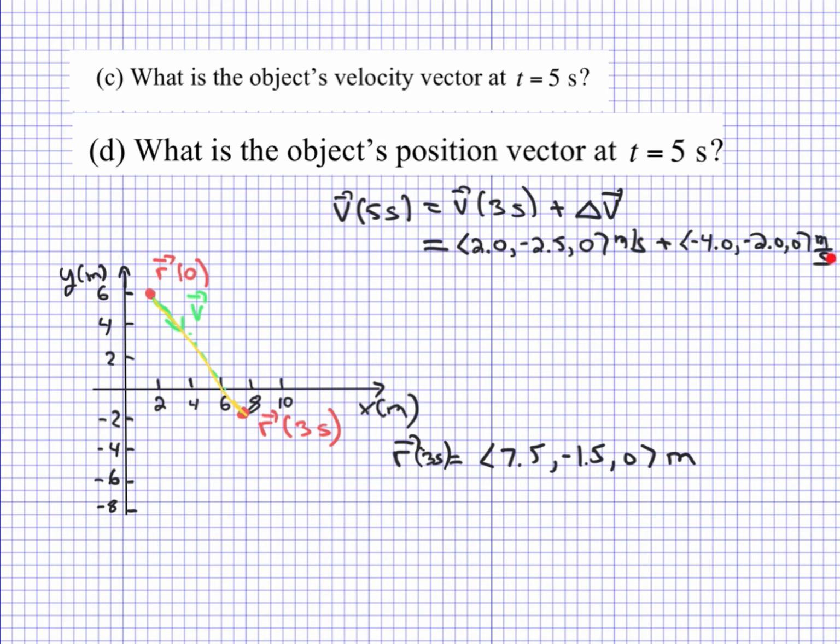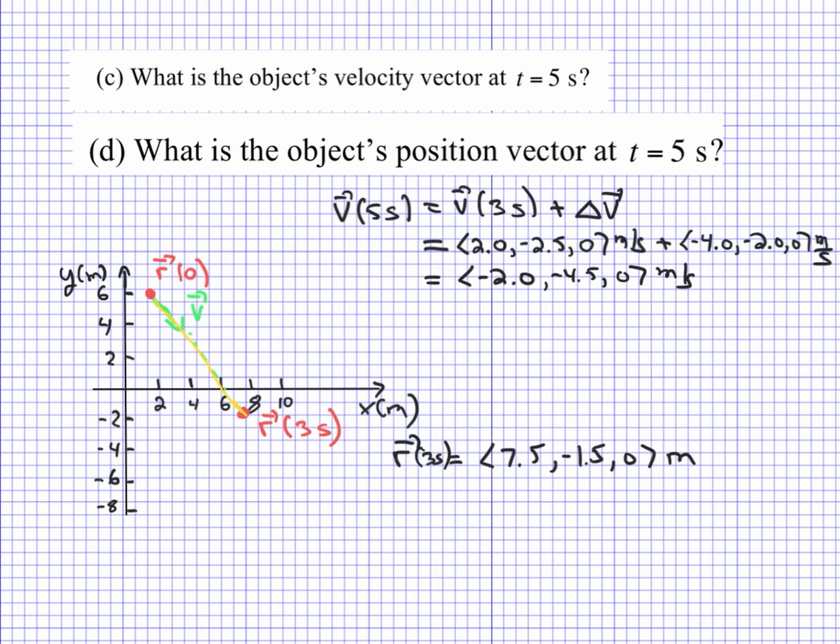The change in velocity that we just calculated is this quantity here, and then just adding these numbers together, 2 minus 4 gives -2.0, and then -2.5 minus 2 gives -4.5, and 0 plus 0 is 0 meters per second.